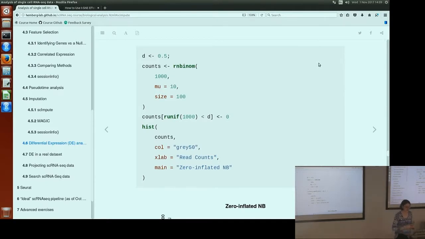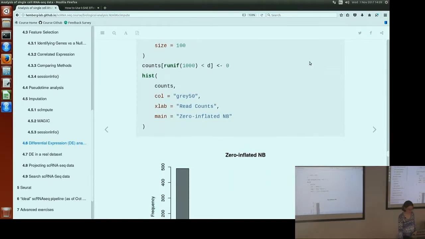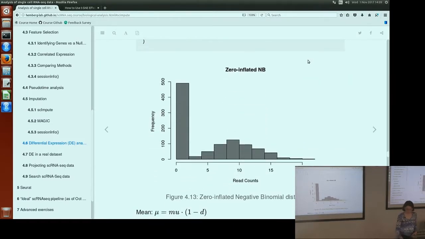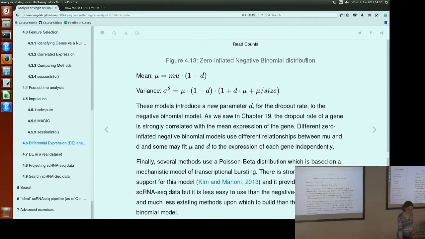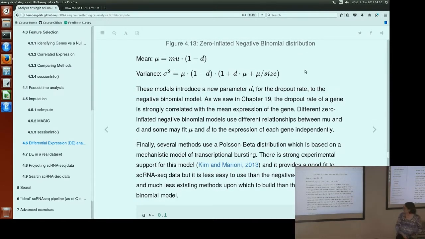You assume that for every cell, there's some probability that it's going to be a zero just from the dropout rate. And then if it's not a zero, then it will be drawn from a negative binomial distribution. You can again see what that looks like, and this looks a lot closer to single-cell RNA-seq data. And this is how you can relate the mean and the variance to these various parameters.